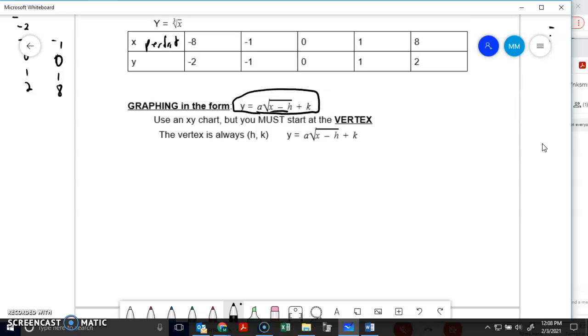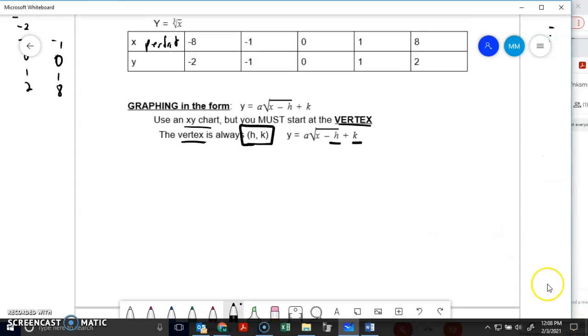But it's still x minus h inside the square root. K is outside. A is outside. And we'll get to those transformations, but for now, we know that we always have to start our xy chart with the vertex. And the vertex is always h comma k, just like it was earlier this year. H comma k.